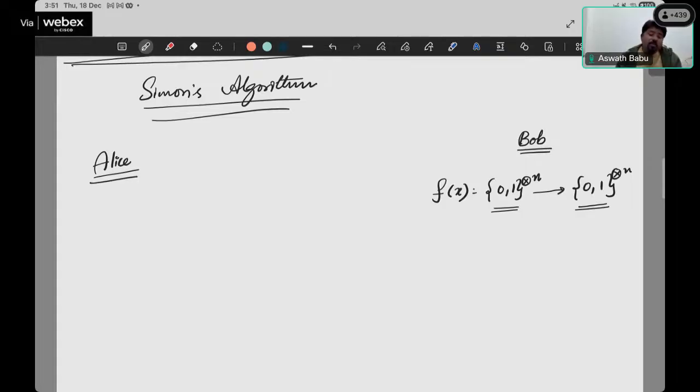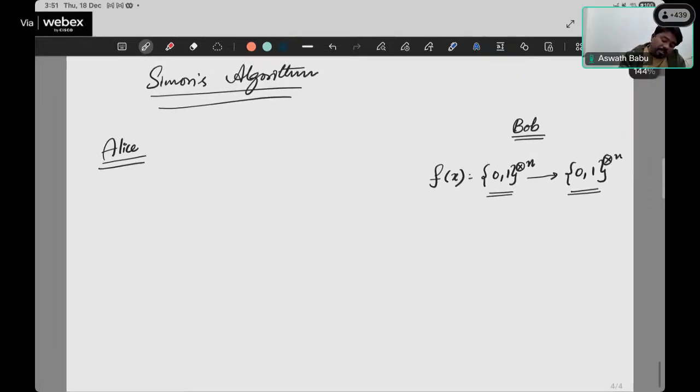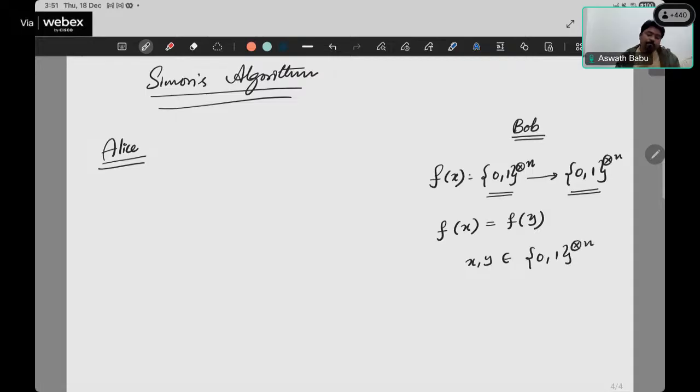It's not only that, it is more than that. What this function also satisfies is that the function values for some input arguments are going to be the same, obviously. What I mean is, let's say there are x comma y belonging to 0 comma 1 tensor n.